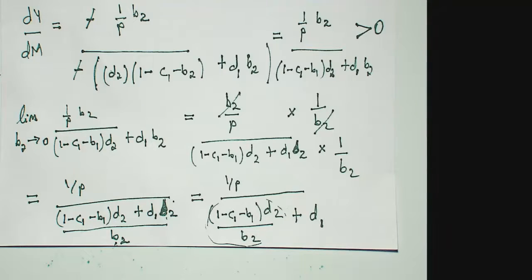So if this entire term is converging to infinity, that is to say our entire formula 1 over p divided by a term which is converging to infinity would give us a value of 0, because a number divided by a very, very large number which is diverging to infinity would give us a value of 0.